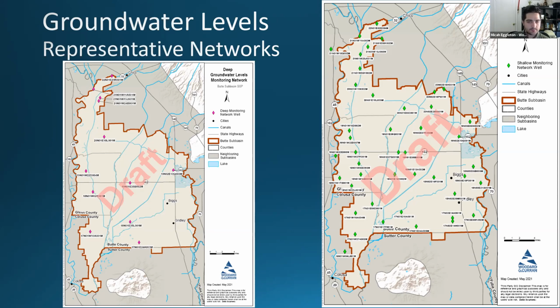Any questions so far? I have a question. Do we have numbers of domestic well users in the Butte Basin versus ag users? Total numbers? I don't know that we have specific numbers like a survey result, but we do have analysis on the number of domestic wells per township range section that is provided by the DWR.